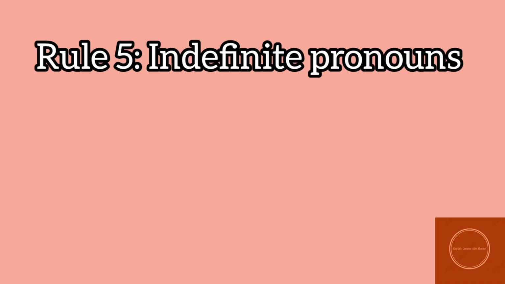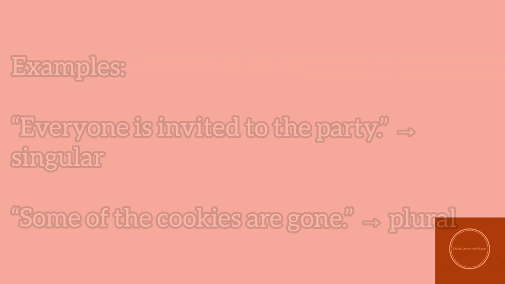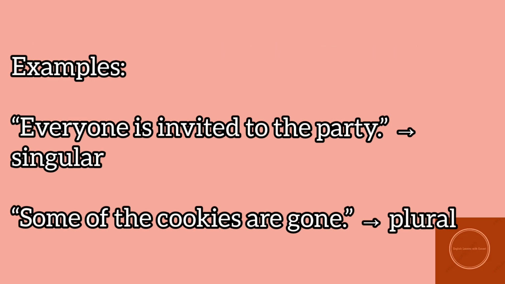They are treated as singular only. Now example, everyone is invited to the party. Here is is used, which is singular, with everyone, which is an indefinite pronoun. Then we have some of the cookies are gone. Here are, which is plural, is used.